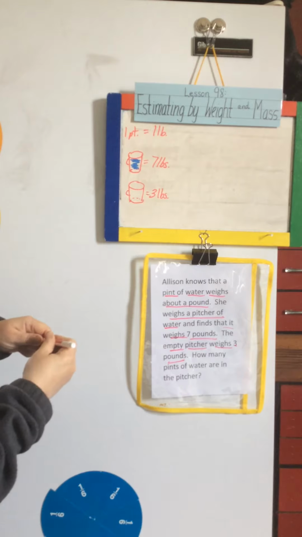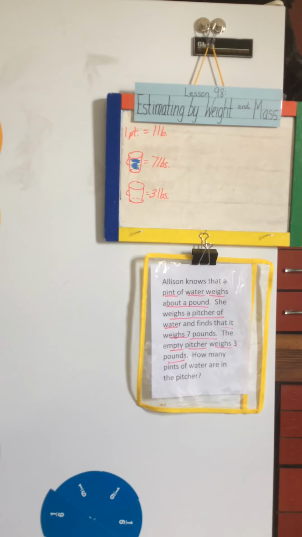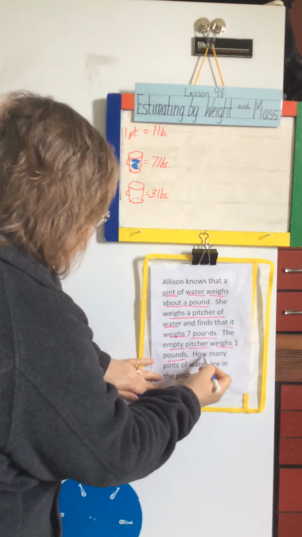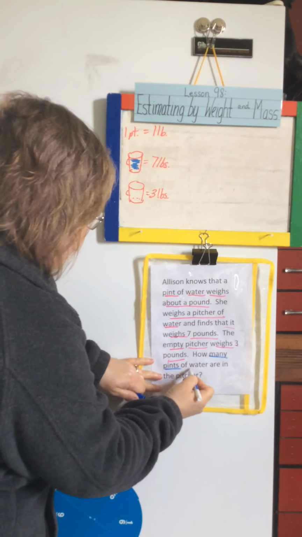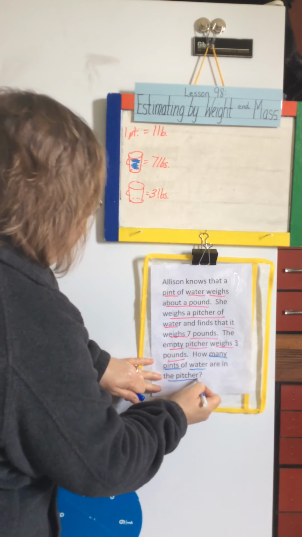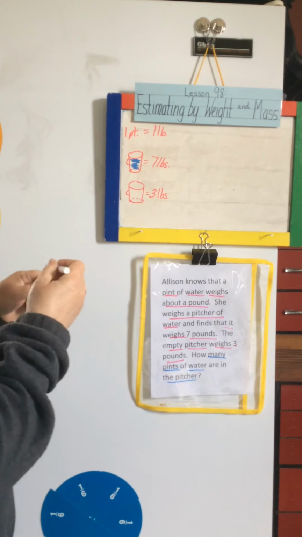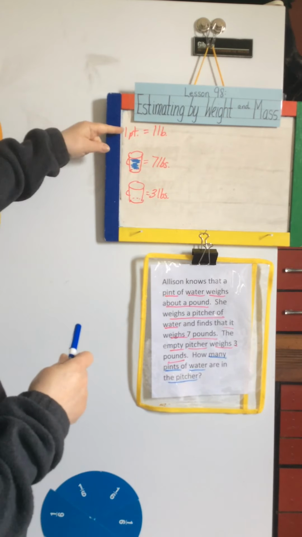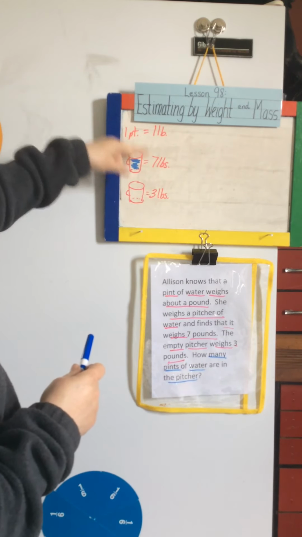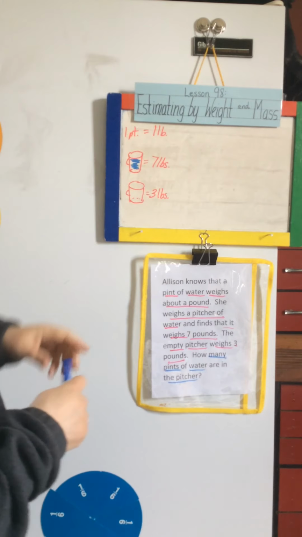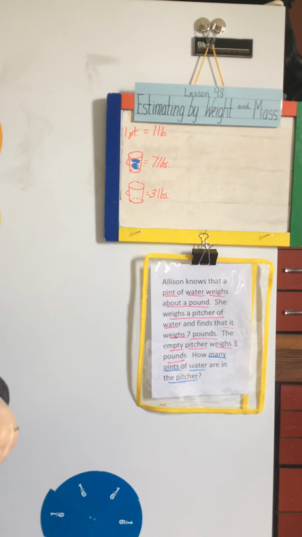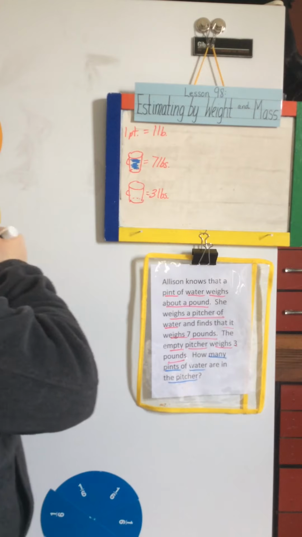The question is, how many pints of water are in the pitcher? Whoa, so we have to convert the pounds to pints and then figure out how many are in each. So that's a little figuring out there.